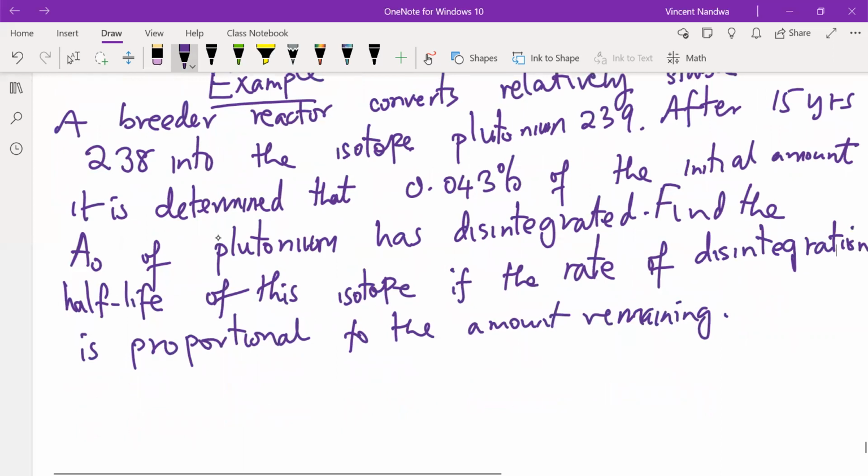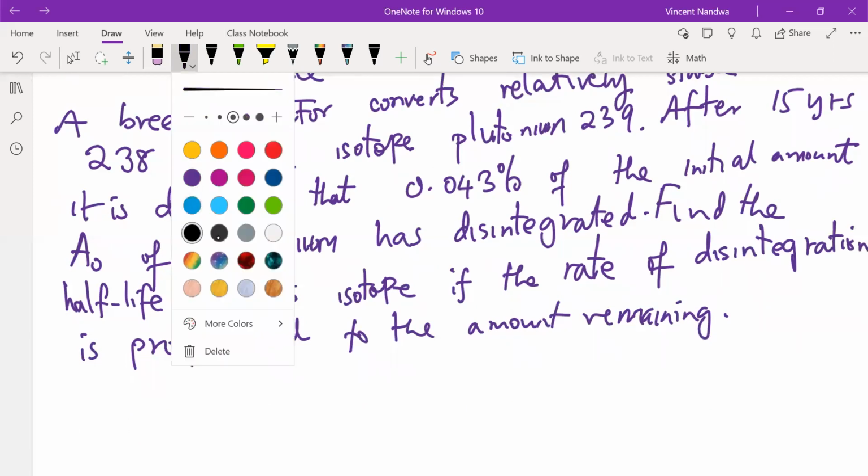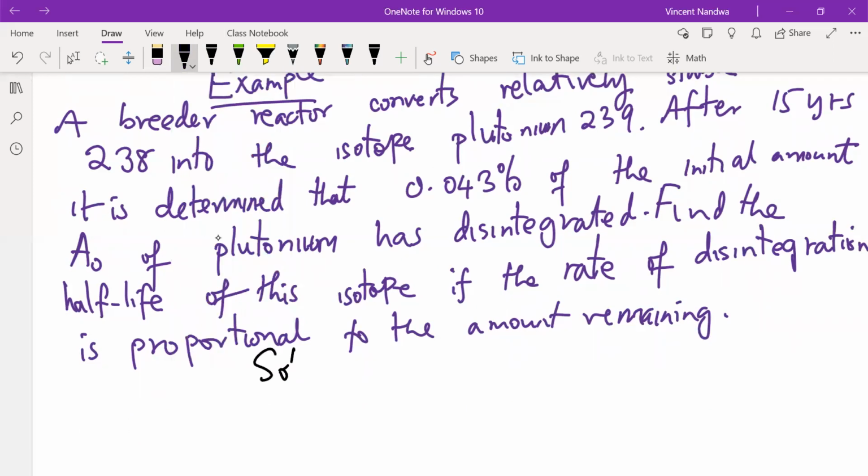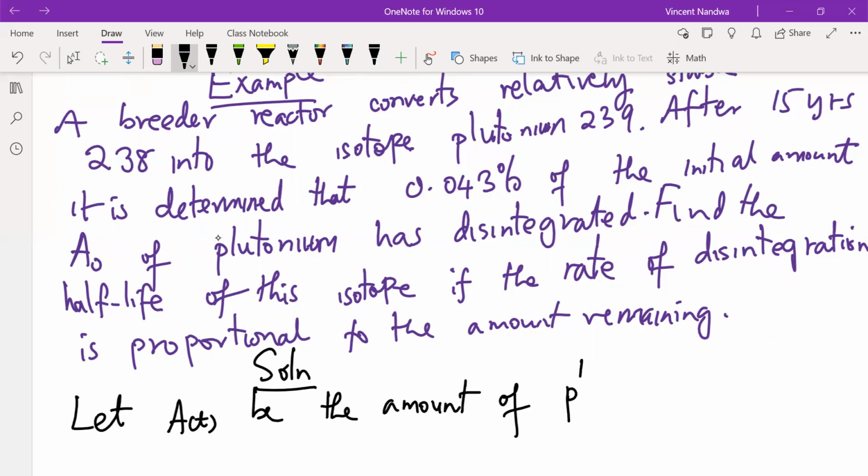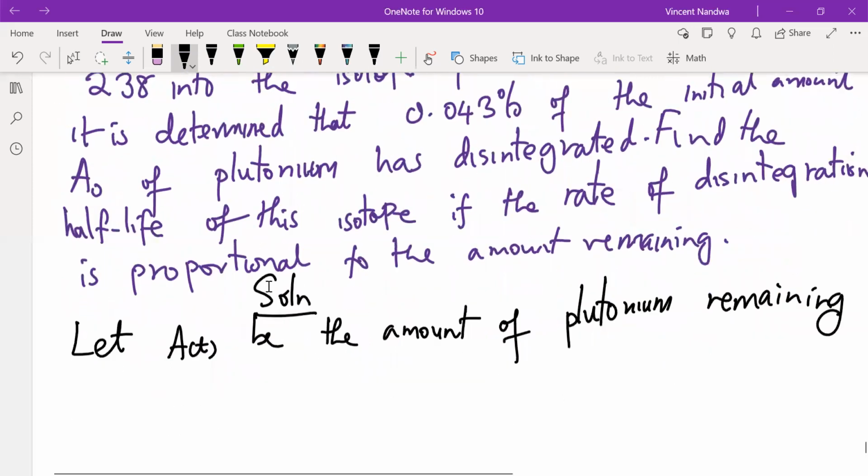Now, solution of this. So let A of t be the amount of plutonium remaining at any time t.